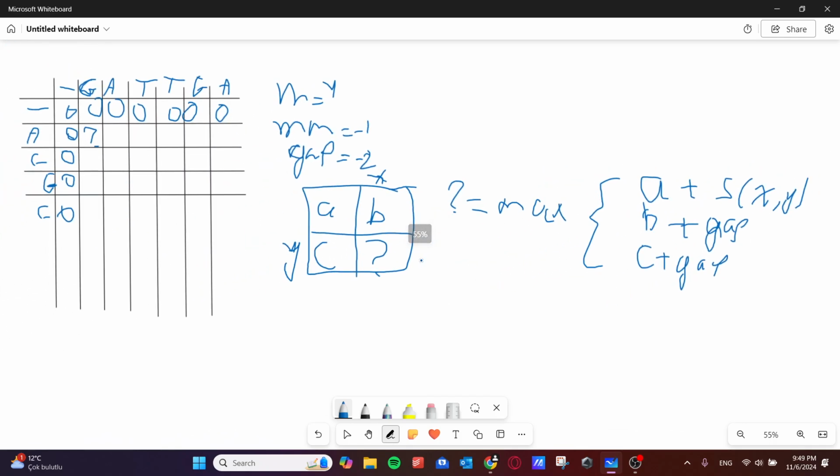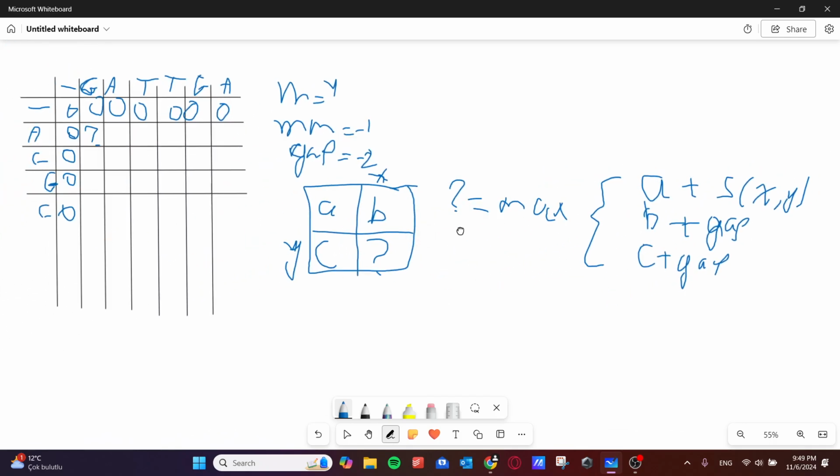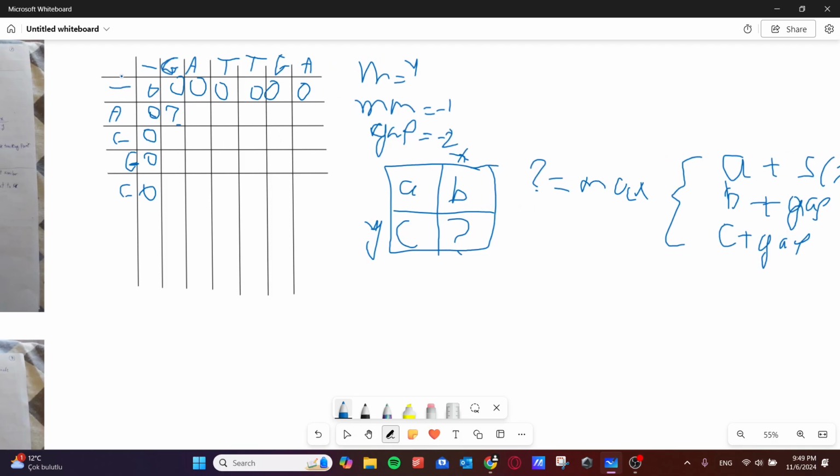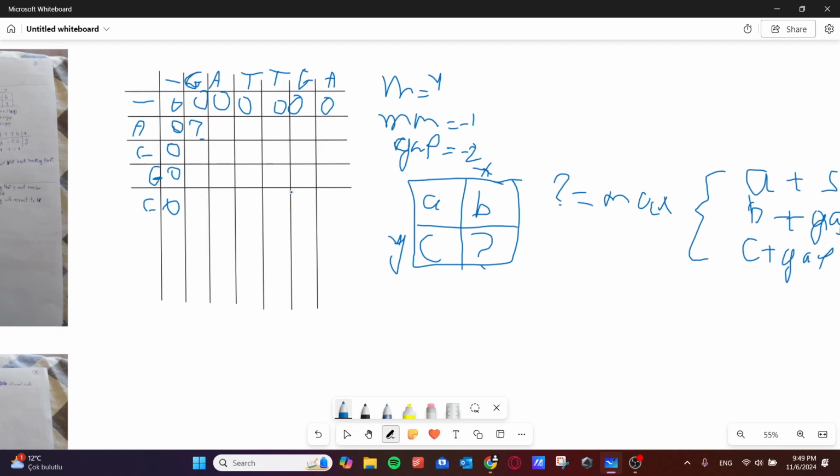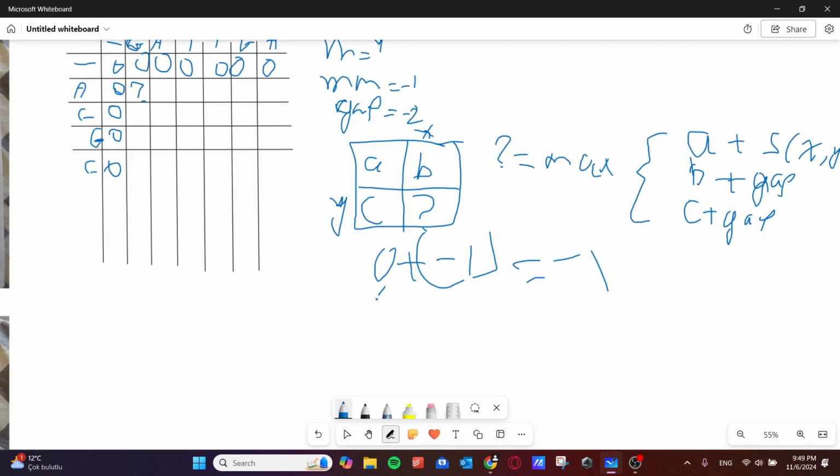Okay, so let's start. Here the a is 0, plus the alignment of G and A, it's -1, which is equal to -1. The second, it's 0 plus -2, because the b is 0 and the gap is -2.